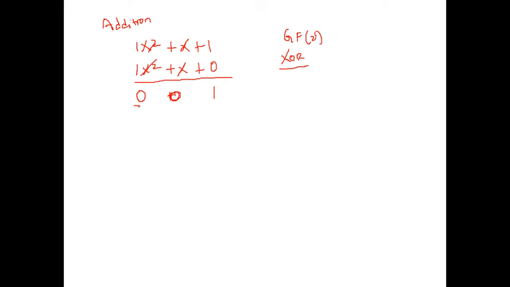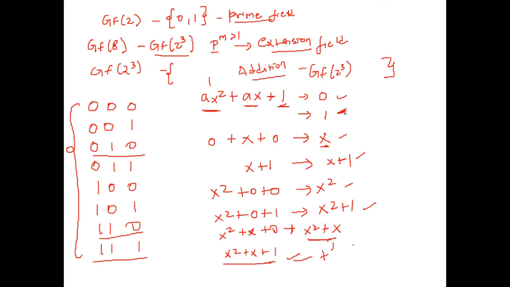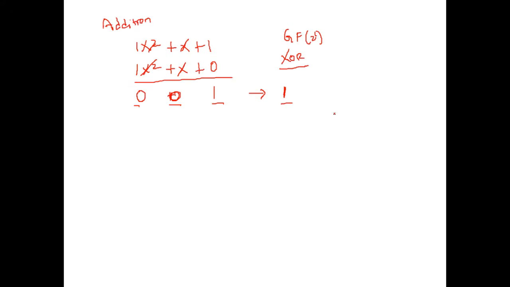So it's nothing but 0 0 1. So what is the result of addition of these two terms? It's nothing but 1. And 1 is again part of our set of elements. So that is the main thing. When you perform an operation on any two elements, the result is also part of the set.